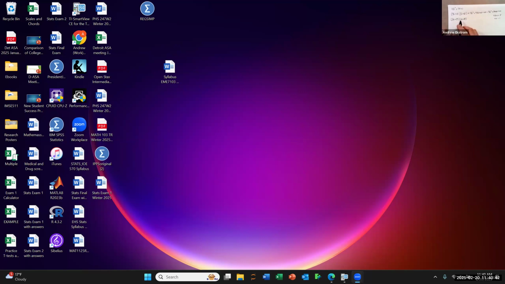If we do it the other way, it looks like this. Again, FOIL it. 2b times 2b is 4b squared, plus 2b times j, the outer, plus the inner, 2b times g, plus the last, g times j.